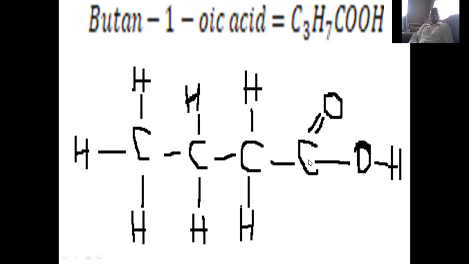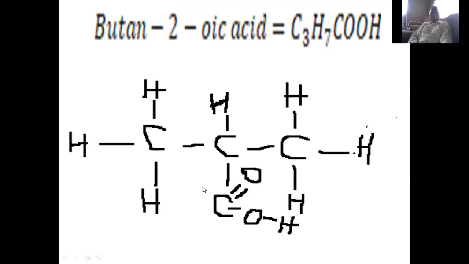The carboxylic group is a functional group for organic acids. When we situate it on the first carbon atom, this one will be butan-1-oic acid. Similarly, if we move this carboxylic group, this functional group, to carbon number 2, it becomes butan-2-oic acid.